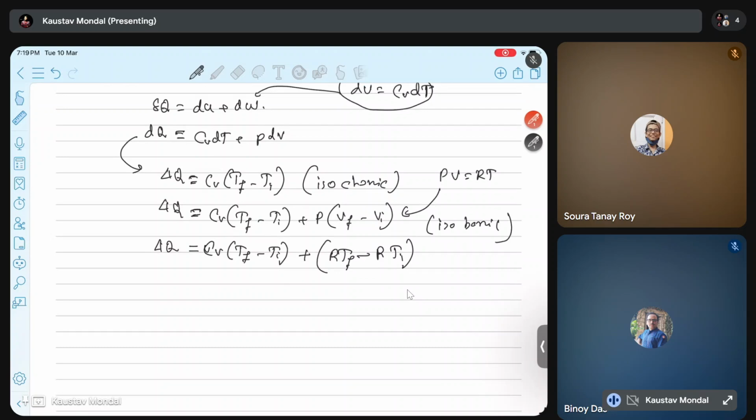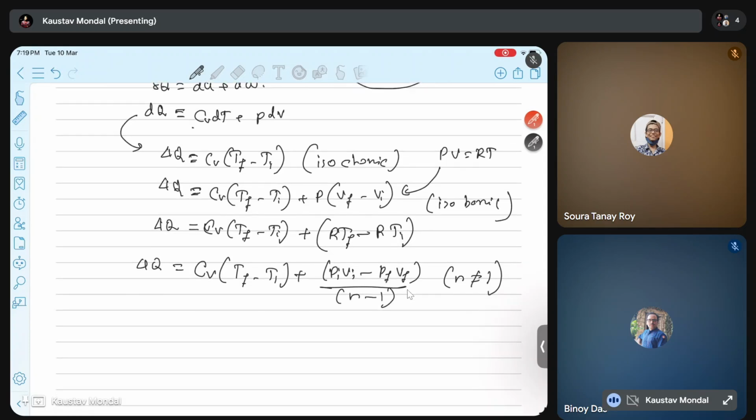Similarly, for the adiabatic process, we have CV (TF minus T initial), and for the work done part we know the relation is (PI VI minus PF VF) divided by (n minus 1), where n should not be equal to 1. This is for the adiabatic case.